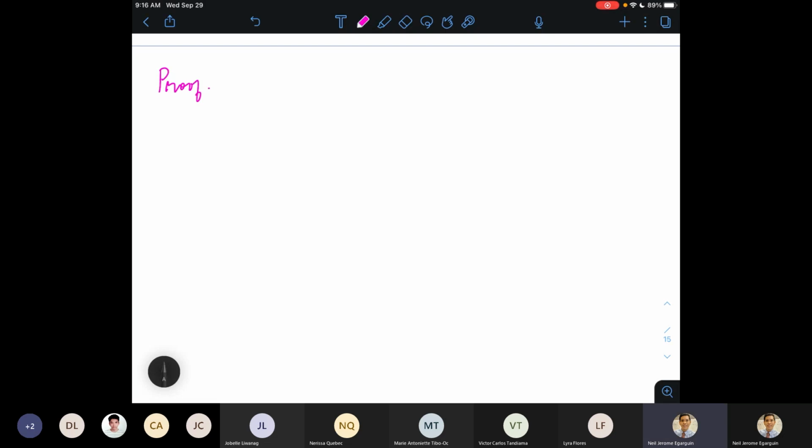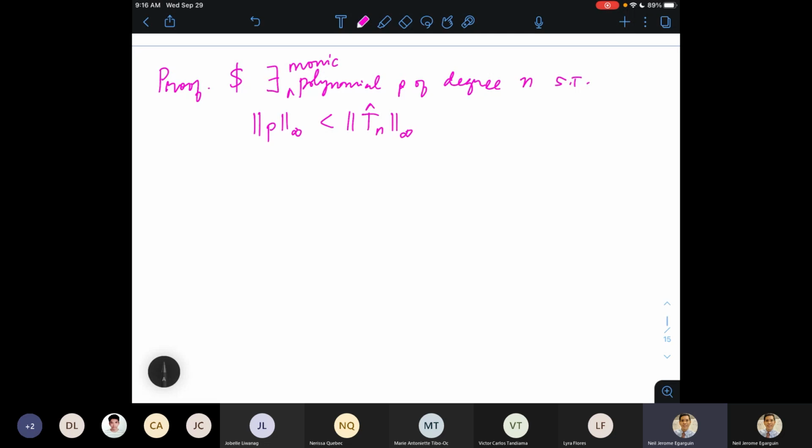So usual, pag sinabi mong minimum, siya yung may pinakamaliit na L infinity norm, let's write a proof by contradiction. So let's suppose there exists a polynomial P, sorry, not just a polynomial, but a monic polynomial of degree n, such that its L infinity norm is smaller than that of the degree n monic Chebyshev polynomial.